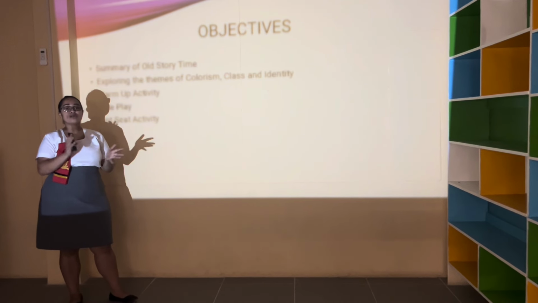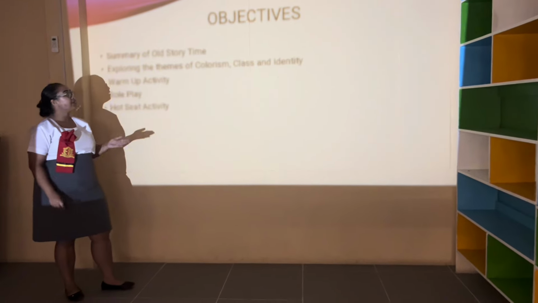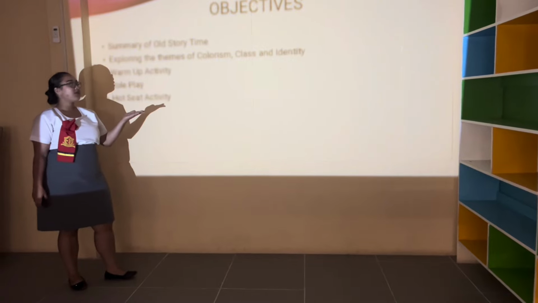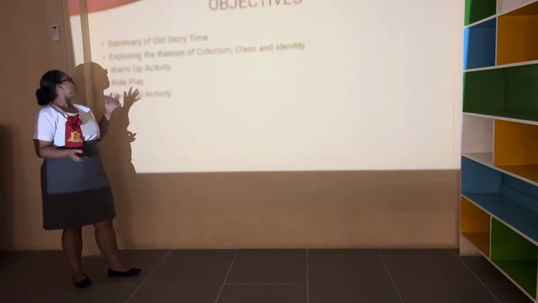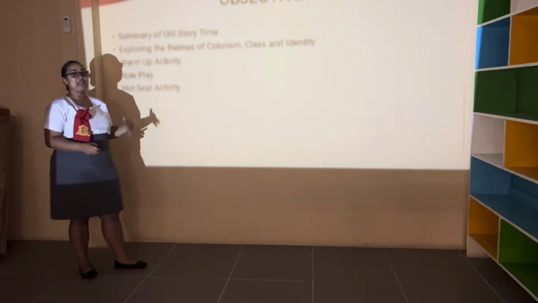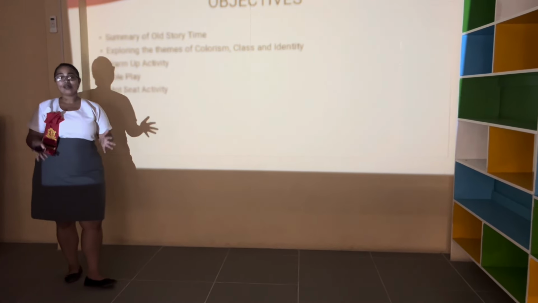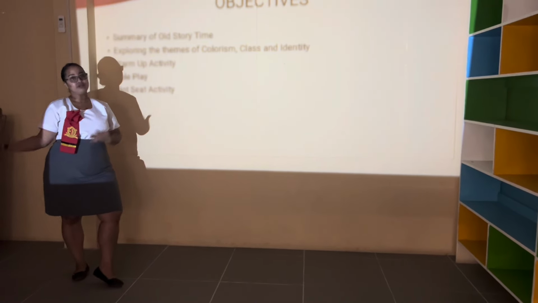So our objectives for today would be a short summary of Old Story Time, exploring the themes of colorism, class and identity, a warm-up activity, a role play, and a hot seat activity. We're also going to have a discussion as well as an end of class conclusion.